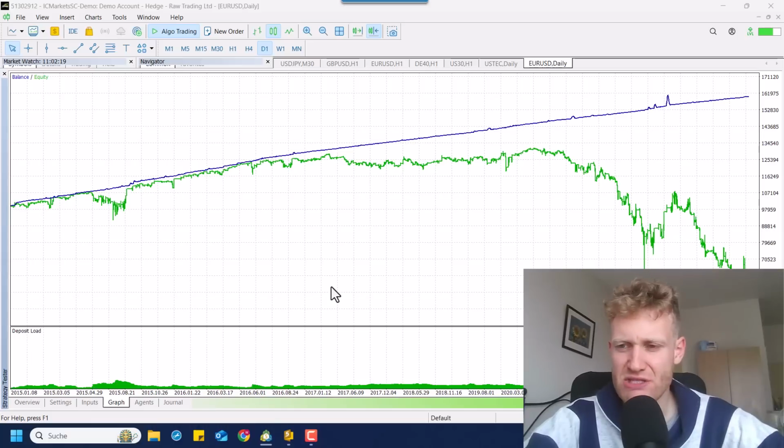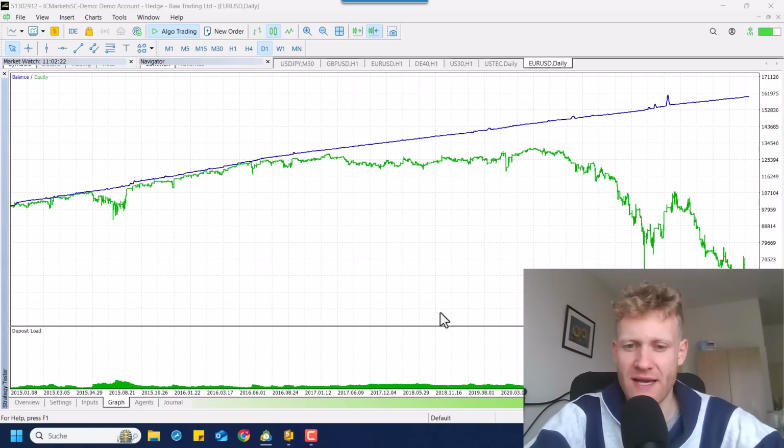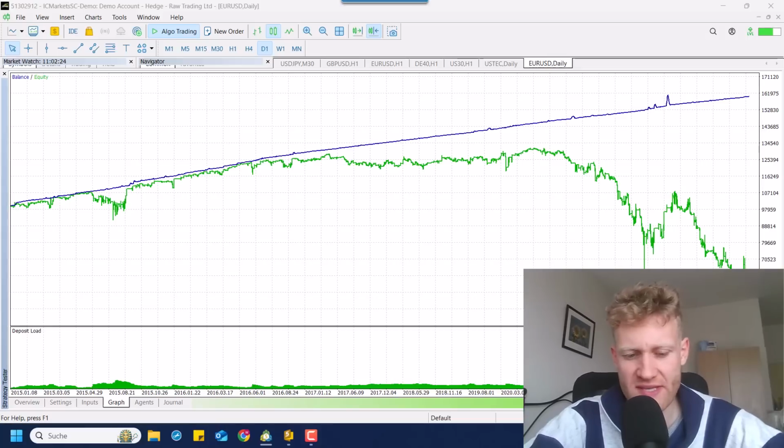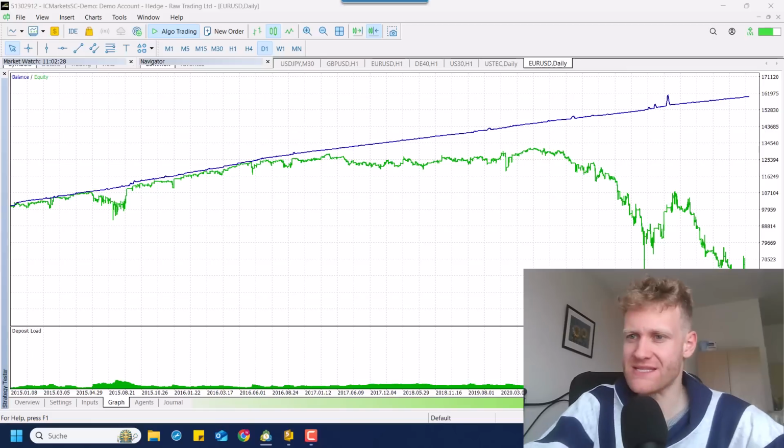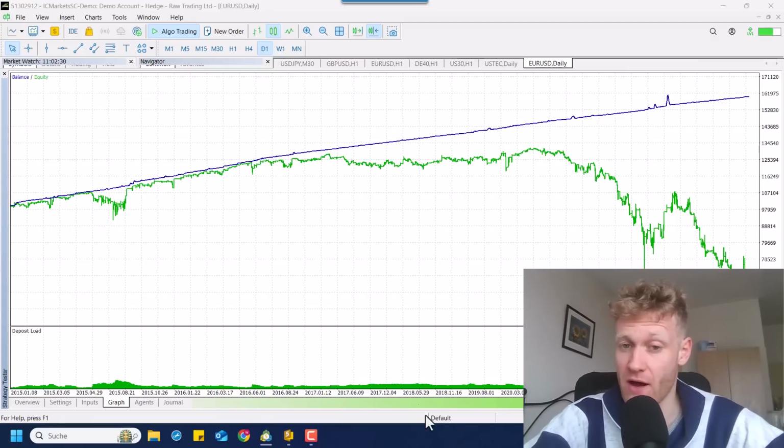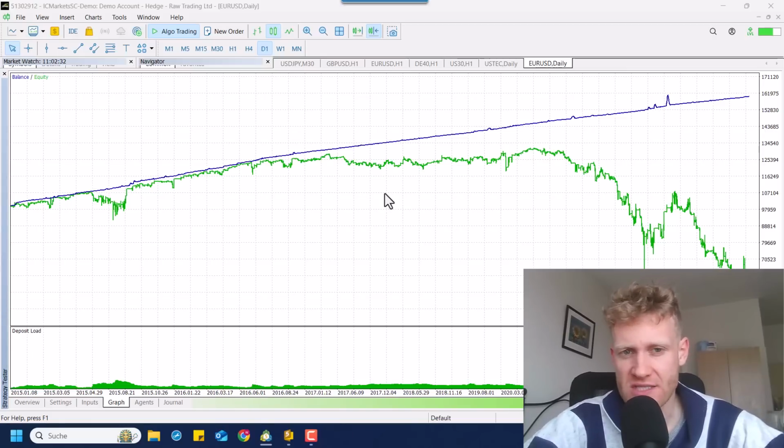Okay, so this test is now about to end, and you can see this did not increase the performance a lot, I would say, and we are also in a very huge drawdown. So adding these Martingale functionalities is not the solution to everything. It's not the holy grail by any means.